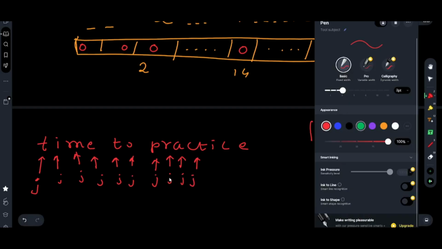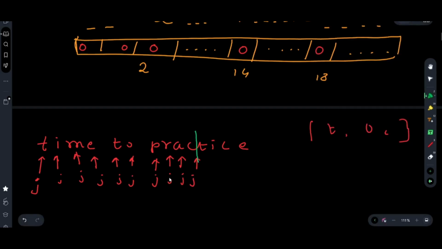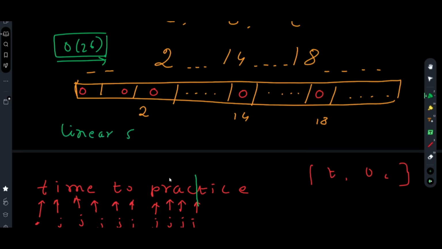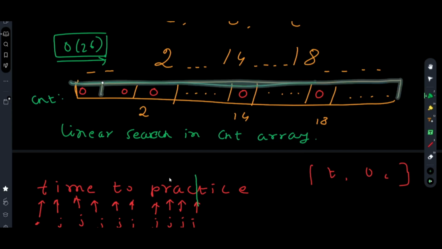At this instance, you carefully observe. If you do an O(26) time complexity operation, that is a linear search in this CNT array, you see that all the danger elements are taken.